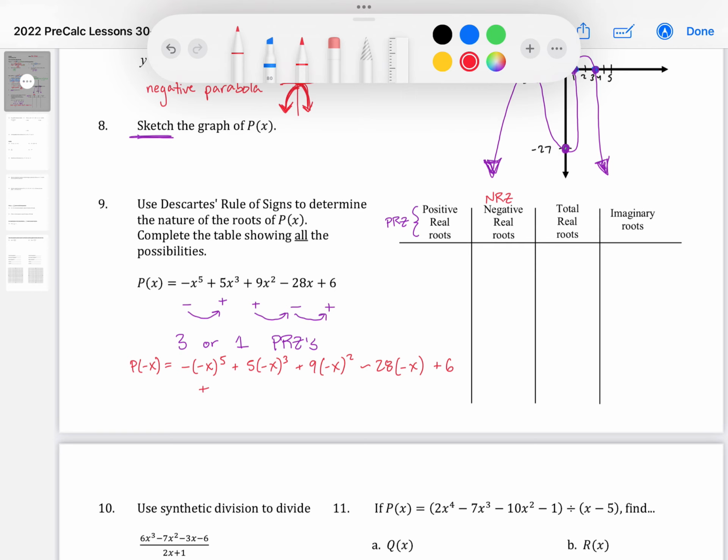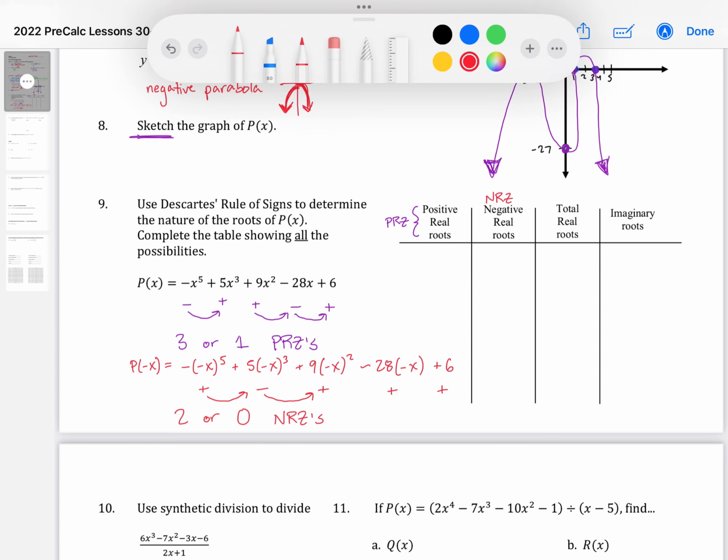Positive 5 times a negative x cubed would be negative. Negative x squared is positive, and then times a negative 9 is positive. Negative 28 times negative x is positive, and then that 6 is positive. So now if you look, we change signs 1, 2 times. So we could have 2, or if you walk it down, 0 negative real zeros. So you just keep going down by 2 until you get to either 1 or 0.